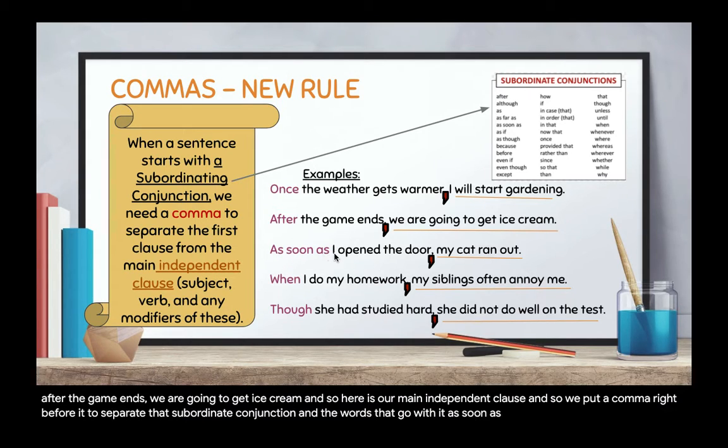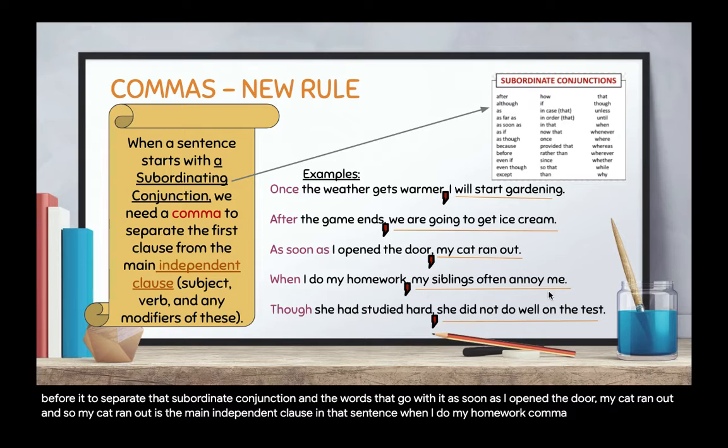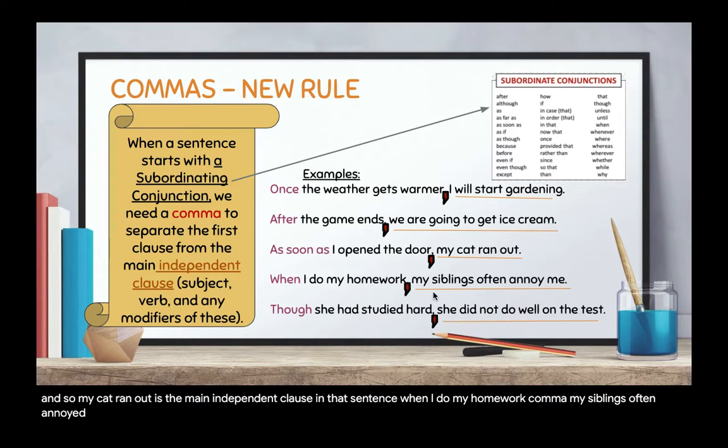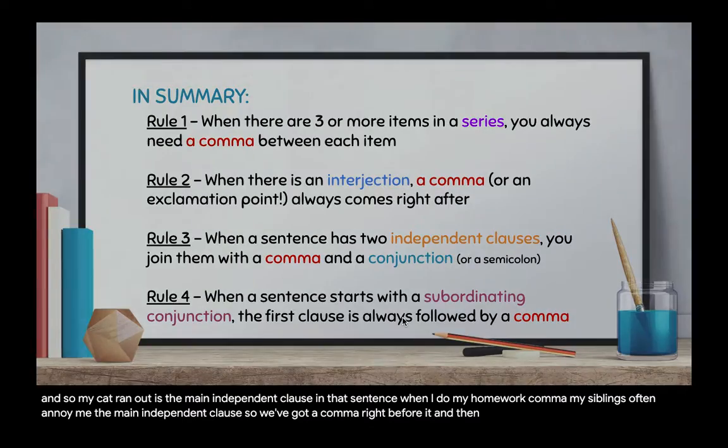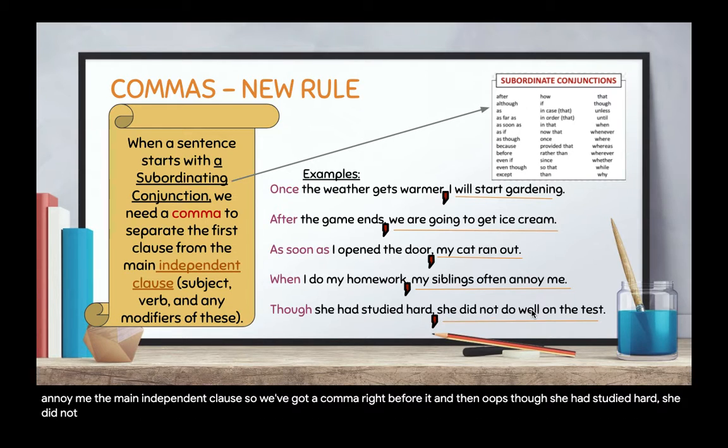As soon as I opened the door, comma, my cat ran out. And so my cat ran out is the main independent clause in that sentence. When I do my homework, comma, my siblings often annoy me. My siblings often annoy me is the main independent clause, so we've got a comma right before it. And then, though she had studied hard, comma, she did not do well on the test.